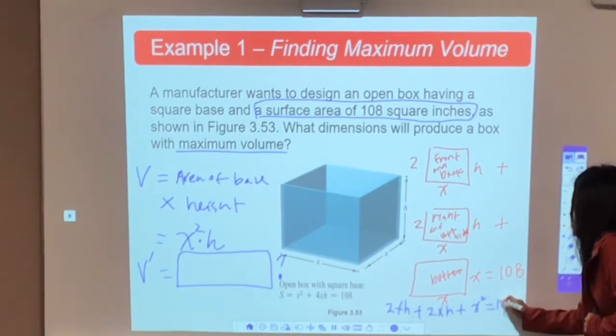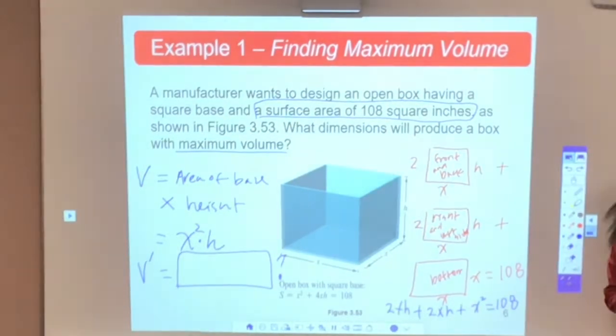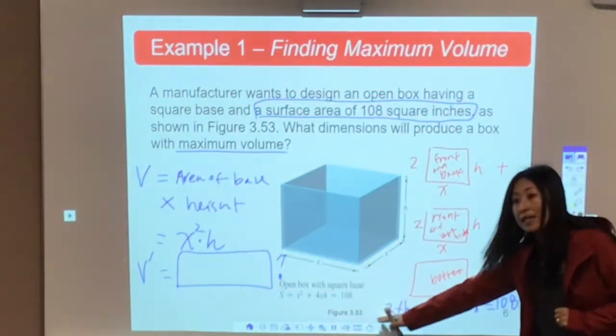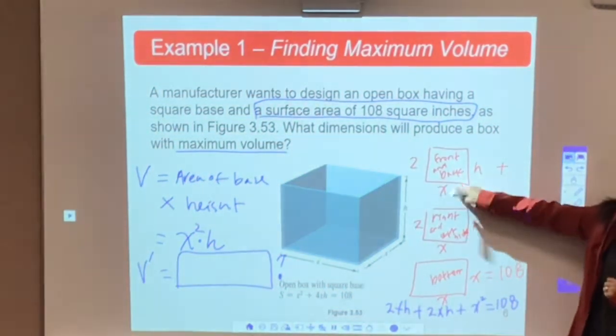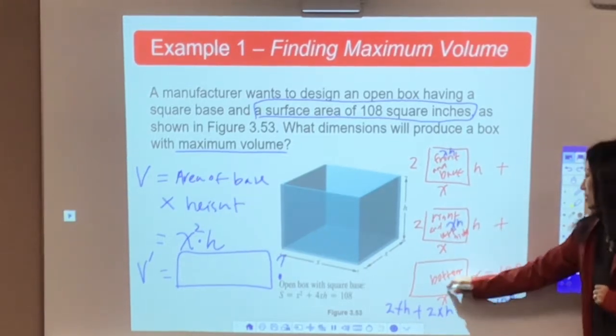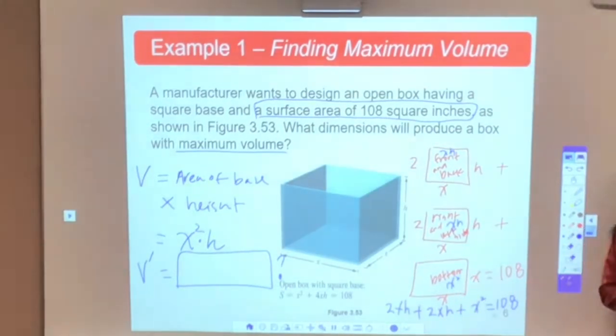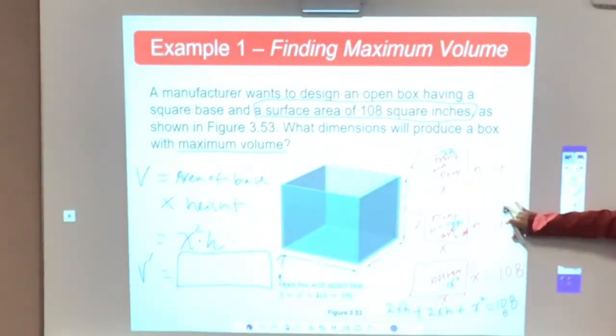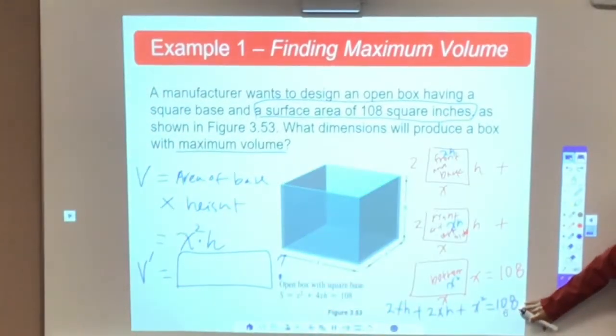That's equal to 108. Did everybody see how I got this equation? It came from this: x times h, x times h, and x squared. So far so good, everybody? Because I'm about to erase this part so I can solve this equation with one variable.